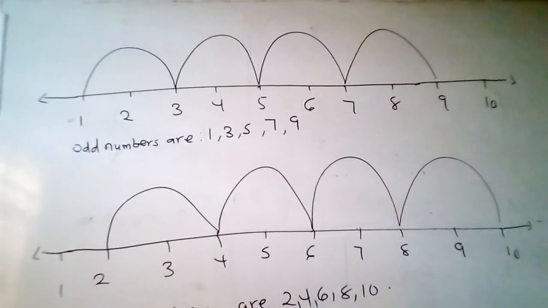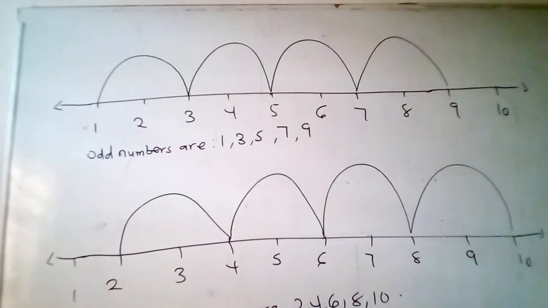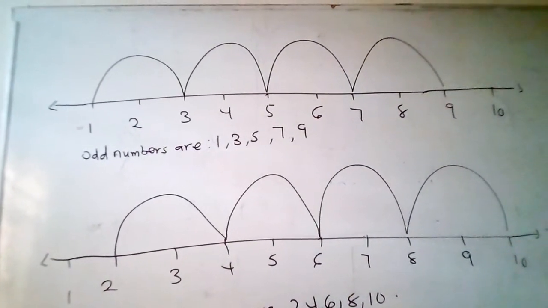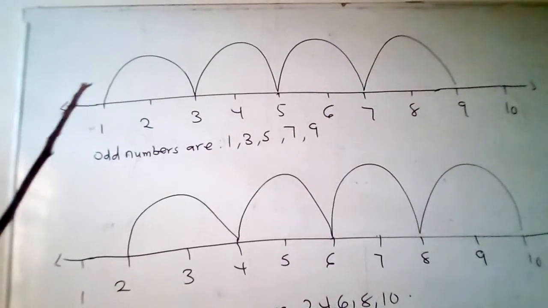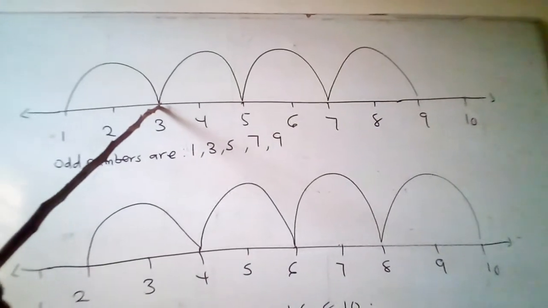In skip counting by 2, you jump over every other number. So skip count in 2, starting from 1, to generate odd numbers. Like this: you stand here, you jump, skip 1, 2.